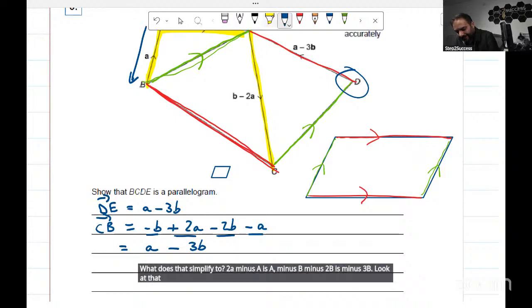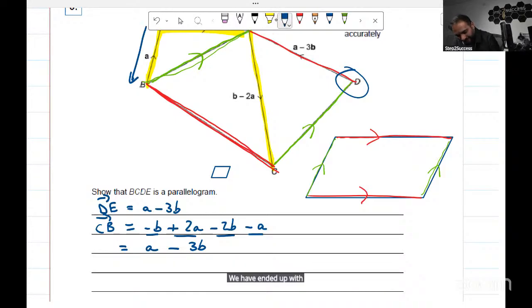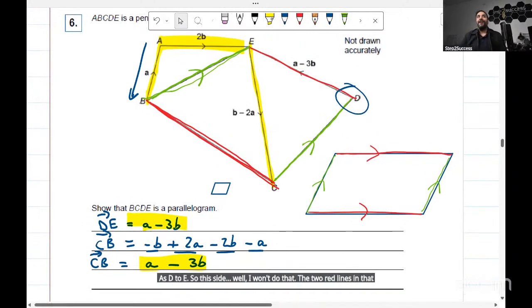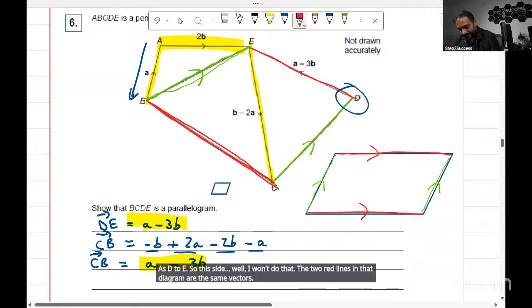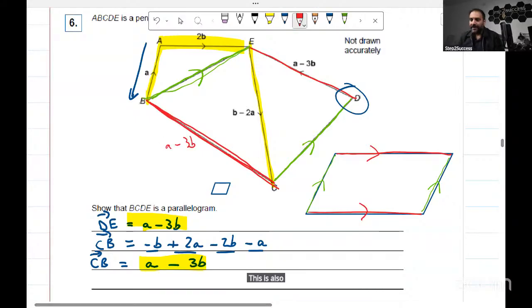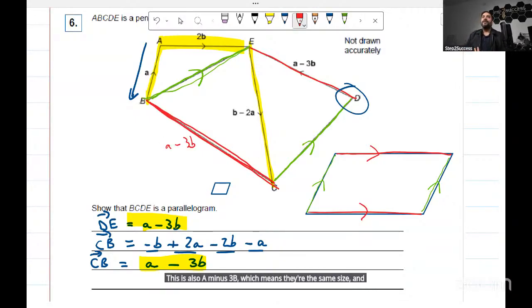Look at that. We have ended up with C to B being the same vector as D to E. The two red lines in that diagram are the same vectors. This is also a minus 3b, which means they're the same size and they're parallel. So far, that's good. We're heading towards a parallelogram.